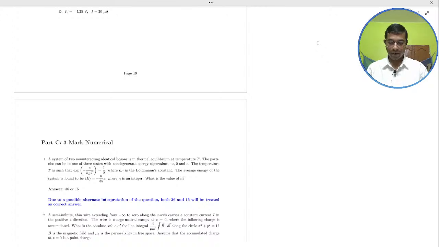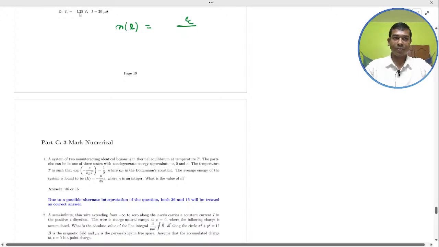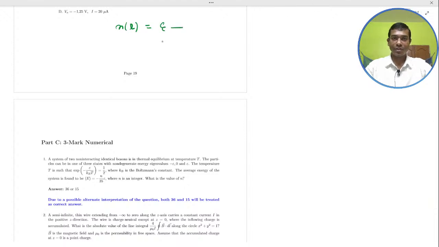Simple. First, the diagram. N equal to 2 bosons, non-interacting and identical. So the number of accessible microstates: this is state 1, epsilon, 0 state, and the minus epsilon state.